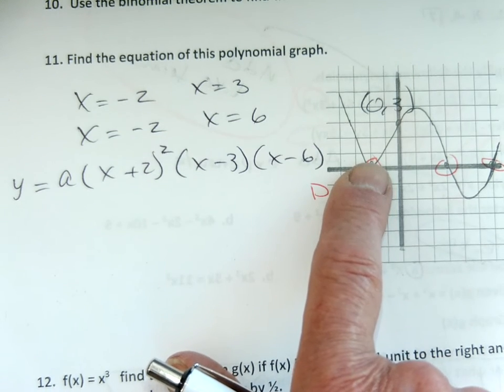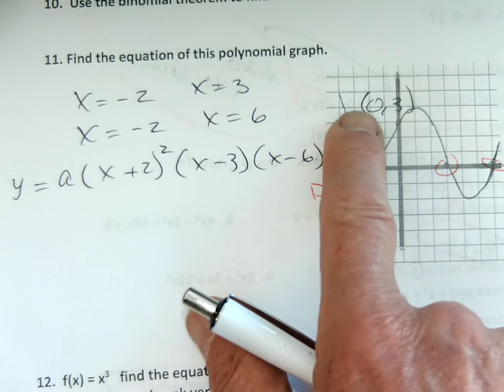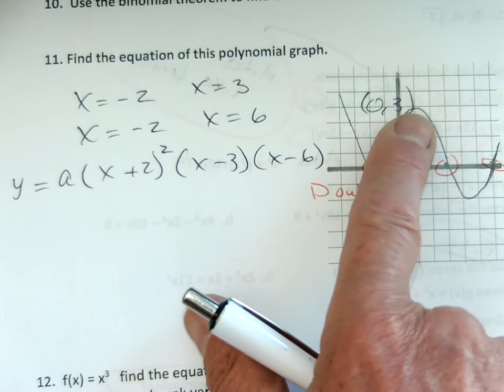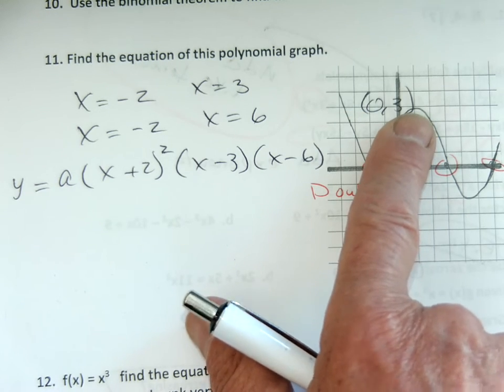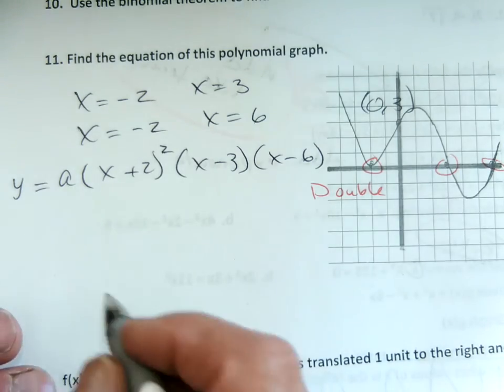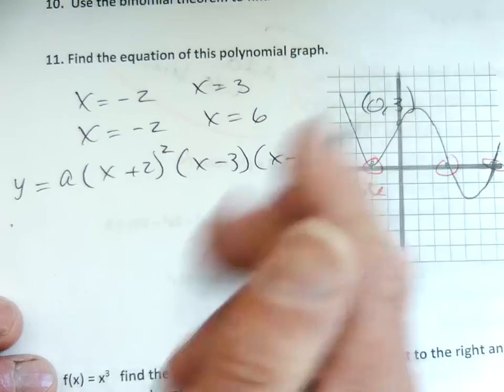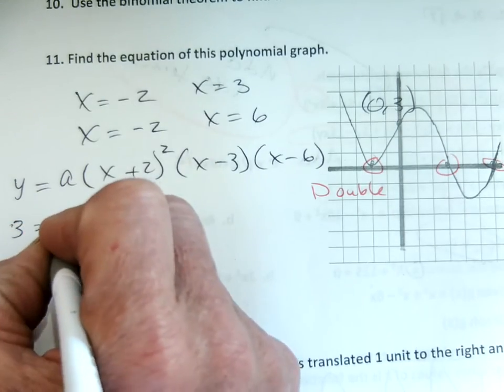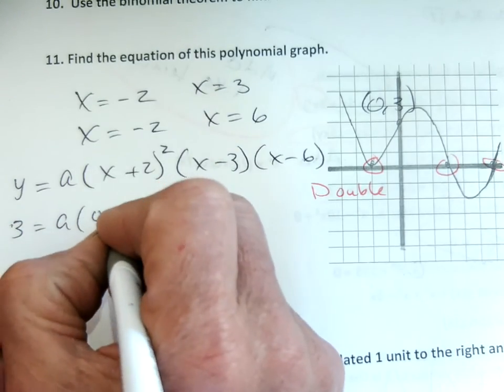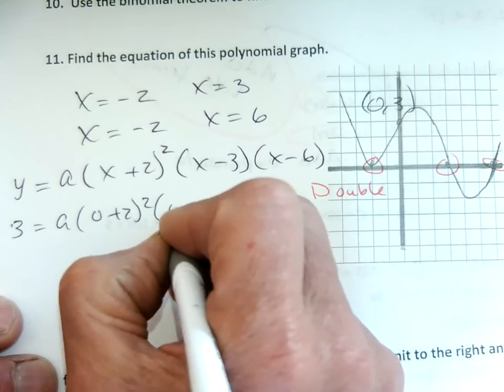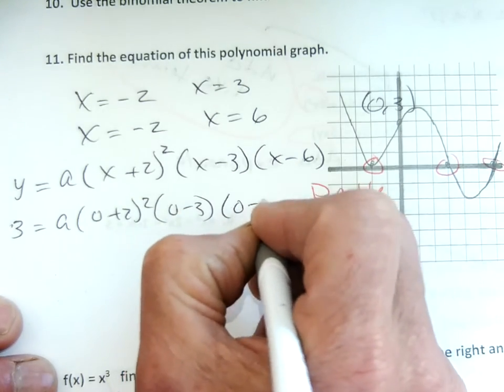Now I want the value of a, so I'll plug 0 in for x and 3 in for y. So 3 equals a times (0 plus 2) squared, times (0 minus 3), times (0 minus 6).